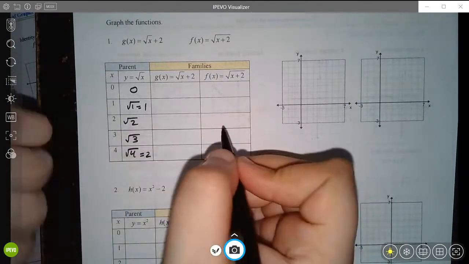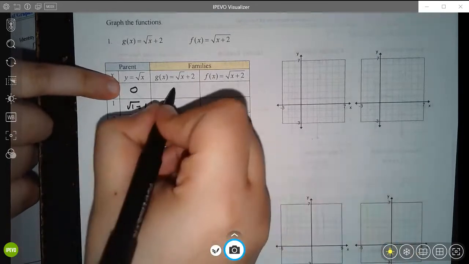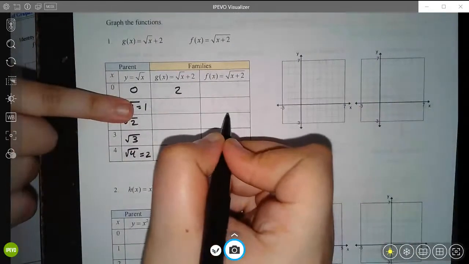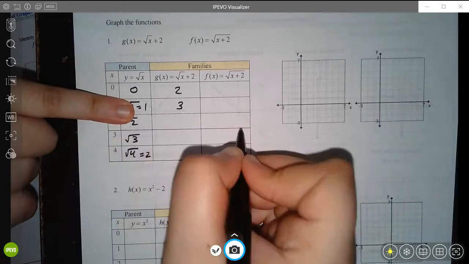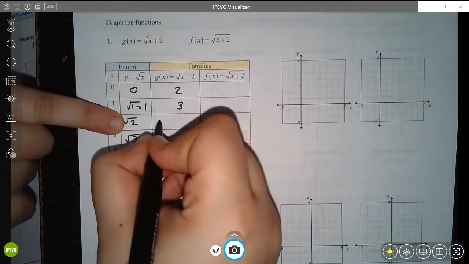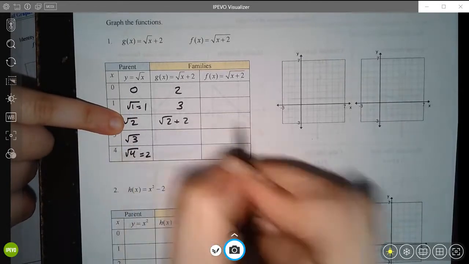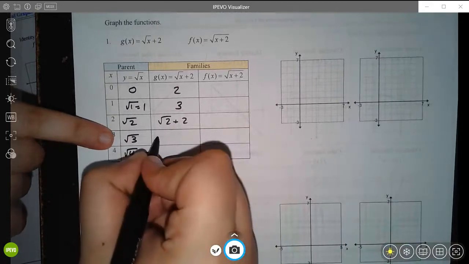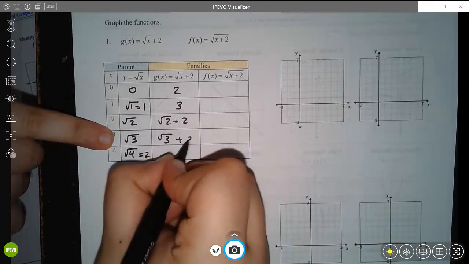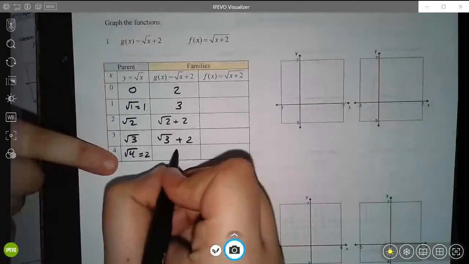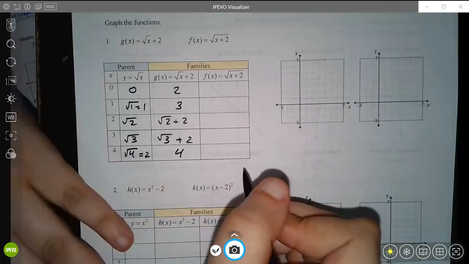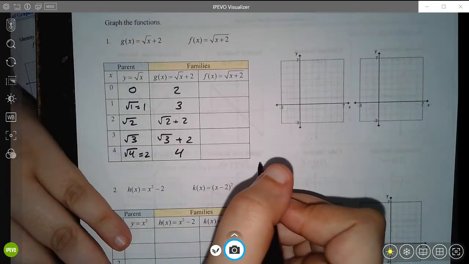So here we have 0 plus 2 is 2. 1 plus 2 is 3. Root of 2 plus 2 would be root of 2 plus 2. Root of 3 plus 2. And then 2 plus 2, which is 4. Yeah?